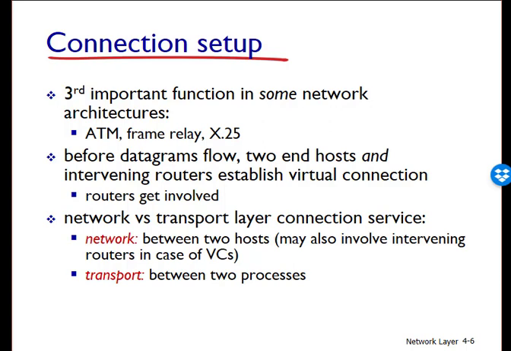Some network layer architectures, like ATM, frame relay, and others, require the routers along the chosen path from source to destination to handshake with each other in order to set up state before network layer data packets within a given source to destination connection can begin to flow. In the network layer, this process is referred to as connection setup.